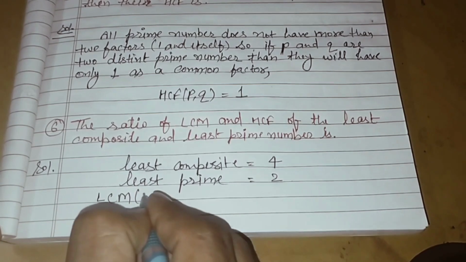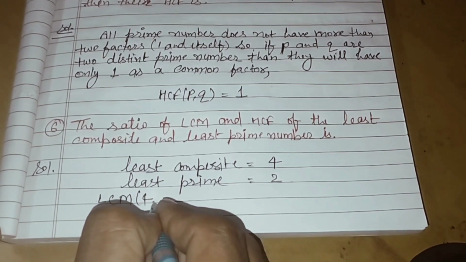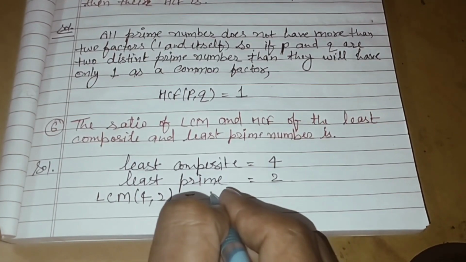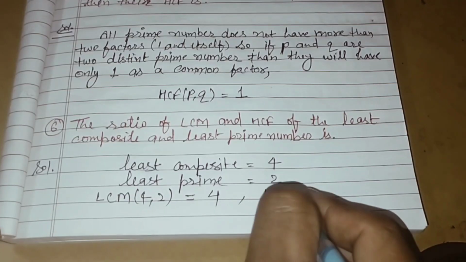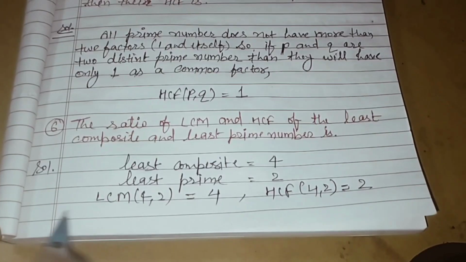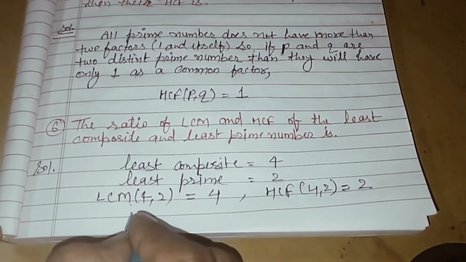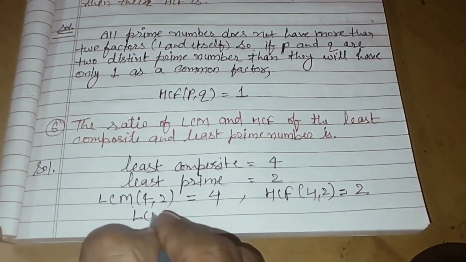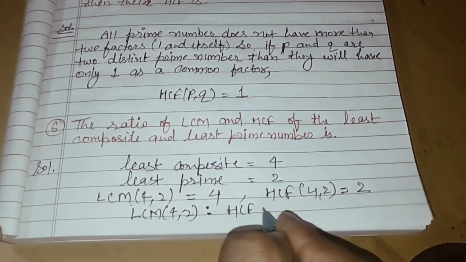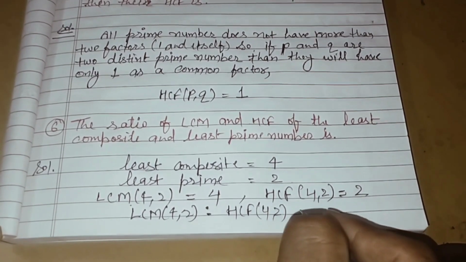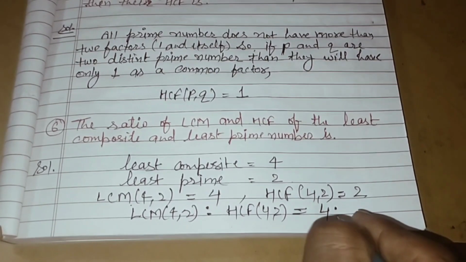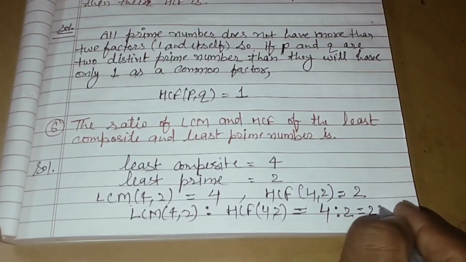LCM of 4 and 2 is 4, and HCF of 4 and 2 is 2. So the ratio of LCM to HCF is 4 to 2, which is equal to 2 to 1.